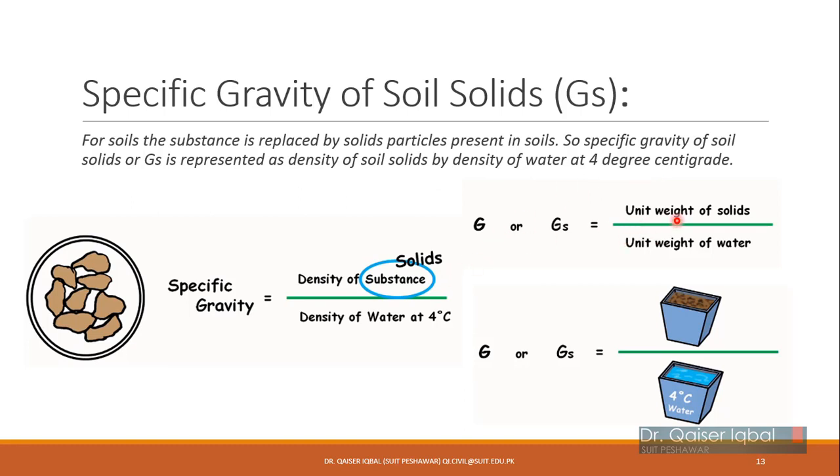So unit weight of soil solids, if you divide it by unit weight of water, then you will basically get the specific gravity of soil. And that's why, because of its specific gravity of soil solids, we represent it by Gs. G for specific gravity and S for the solids.